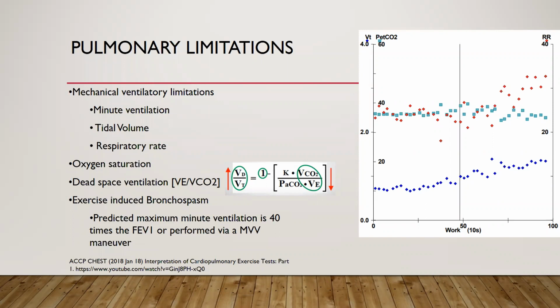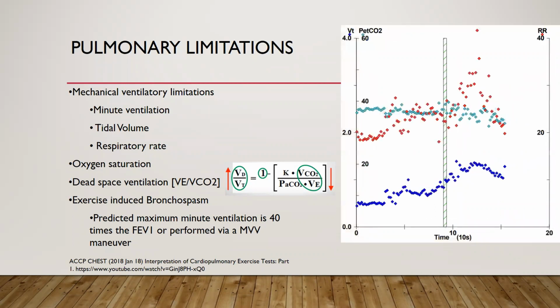All right, so if we take the same patient and we plot this graph over time, it looks slightly different. This is when she stopped exercising and her respiratory rate decreased and so did her tidal volume, but I'm going to do some Photoshop magic here to say, what if she didn't stop exercising and she started to get more tachypneic and her tidal volume started going down?